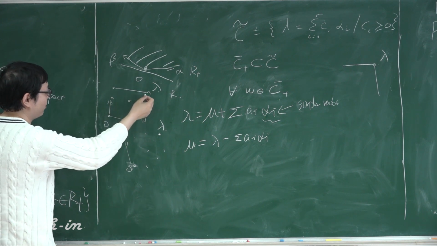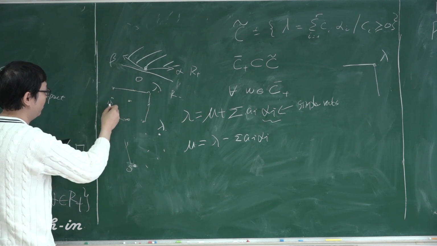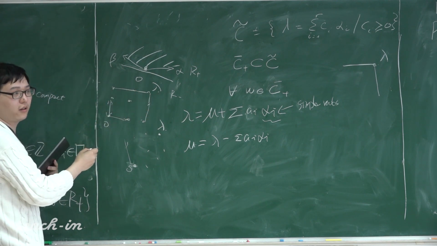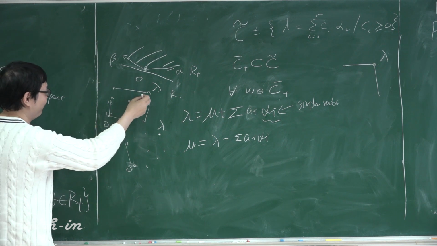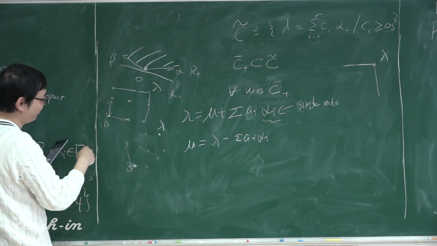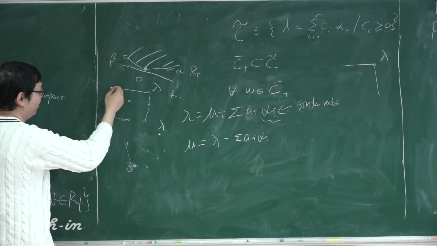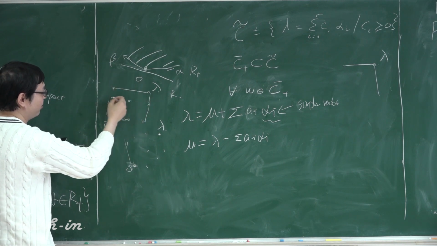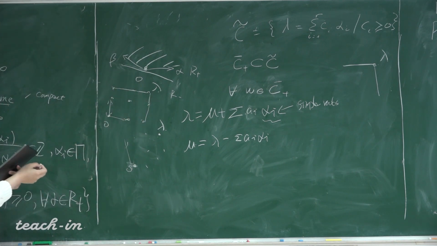What does it mean? This is one path. It's less than or equal to the number of paths.